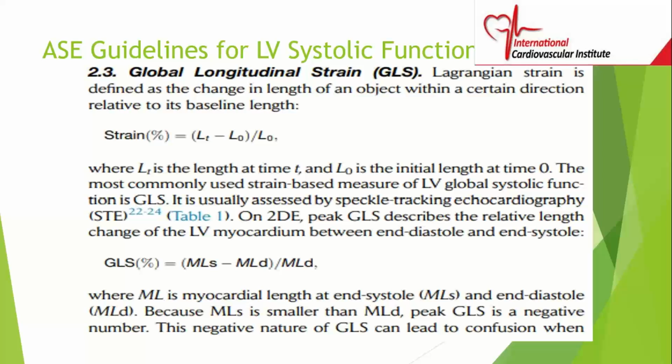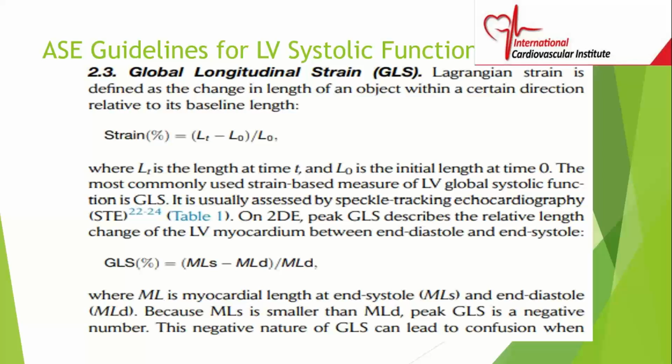And we use the Lagrangian strain when we are doing cardiac evaluation, and it is defined as the change in length of an object within a certain direction, so it's a vector quantity relative to its baseline length. And as we said before, it's LT minus L naught divided by L naught, where LT is the length at an arbitrary time, and L naught is the length at time zero.